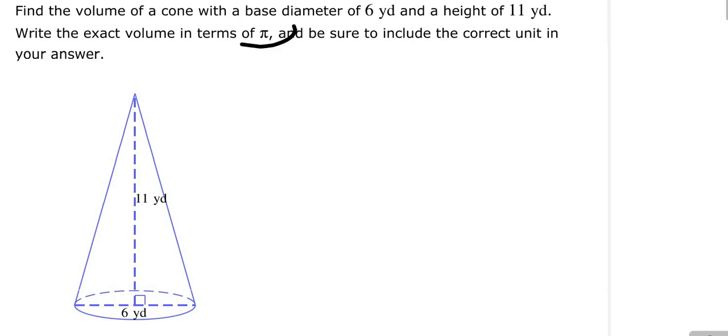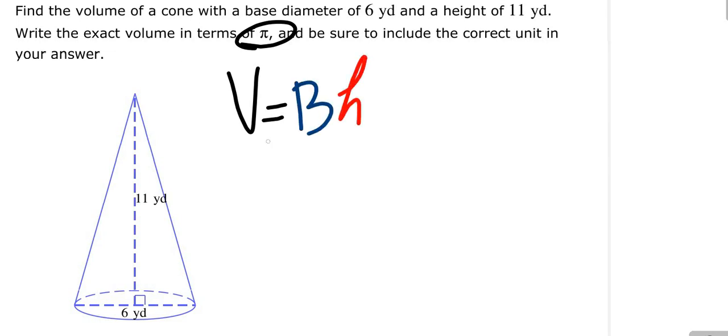Again, we're finding the volume in exact terms of pi. Our base here, this time we're given the diameter, so we first have to find our radius, which would be 3.